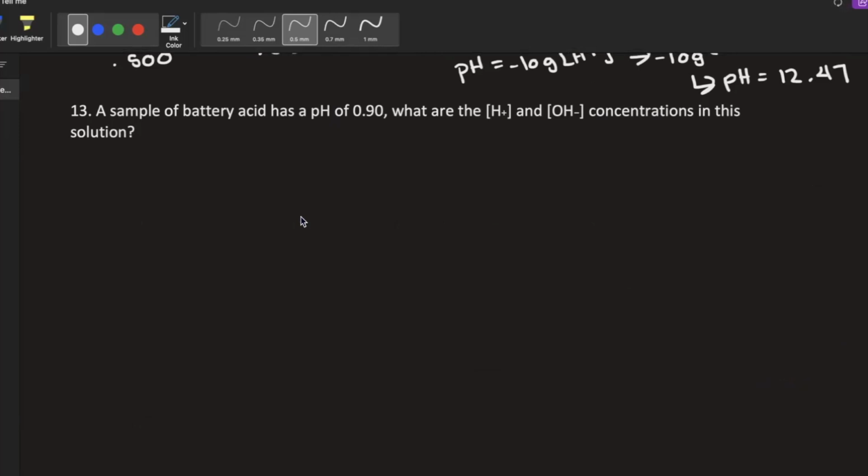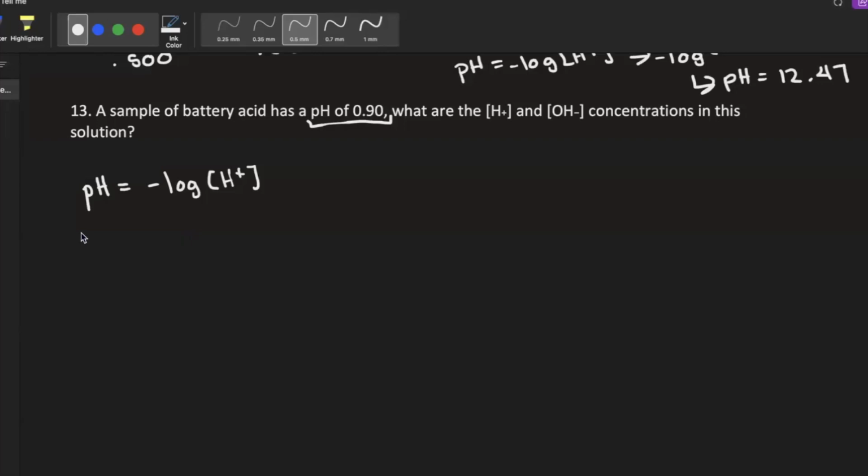Now, the last problem in this set says a sample of battery acid has a pH of 0.9. What are the hydrogen ion concentration and hydroxide ion concentration in this solution? So we know that the pH is 0.9. And we know that pH is equal to the negative log of the hydrogen ion concentration.